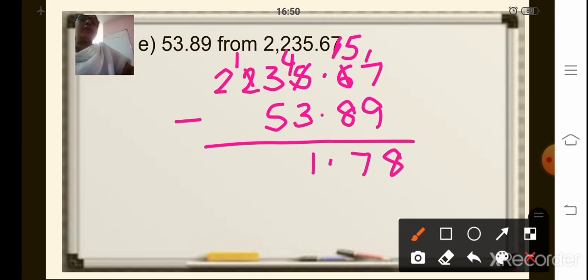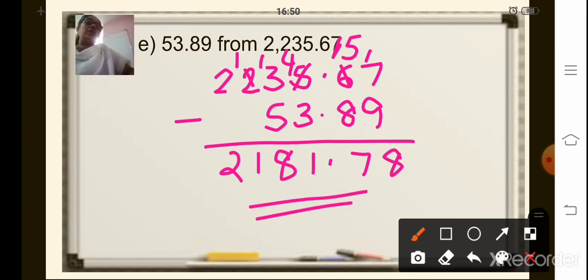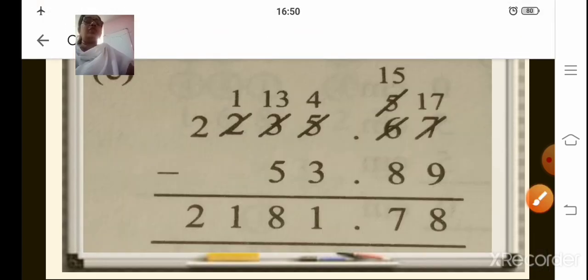So this will become 1 and this number will become 13. Now 13 minus 5 is 8. This one will remain as it is, as there is no number to subtract, and 2 you will write down as it is. So your final answer is 2181.78.